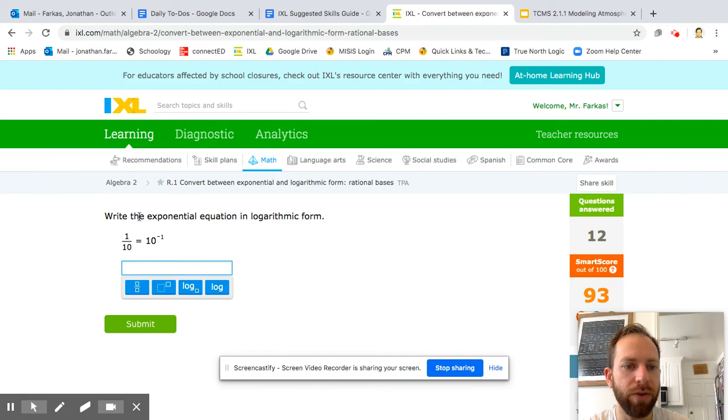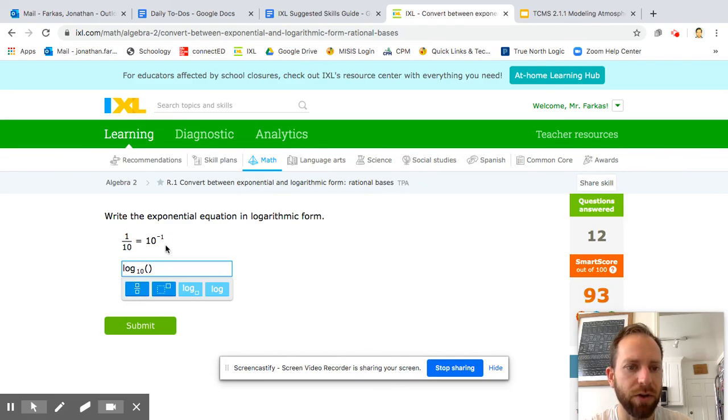So here it wants you to write the exponential equation in logarithmic form completely, right? So remember, we start with log, and then what's the base? The base is right here, base 10, so we don't need to write it, but it might accept it. Let's see if it accepts it. And then this is the power here, right?